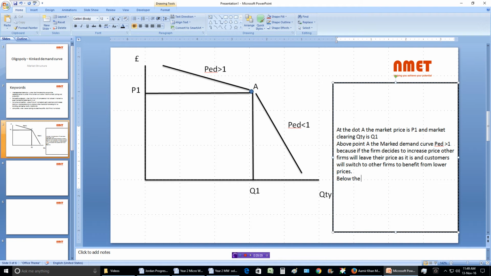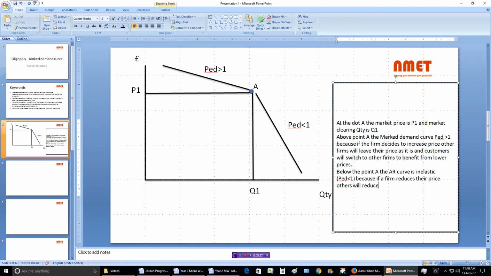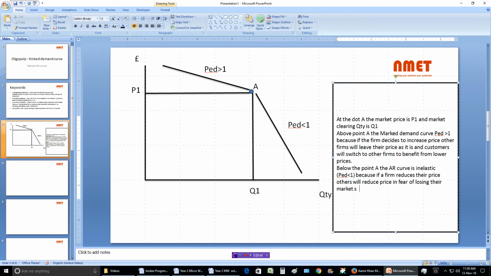Below the point A, the AR curve is inelastic, or PED is less than 1, because if a firm reduces their price, others will reduce price in fear of losing their market share.